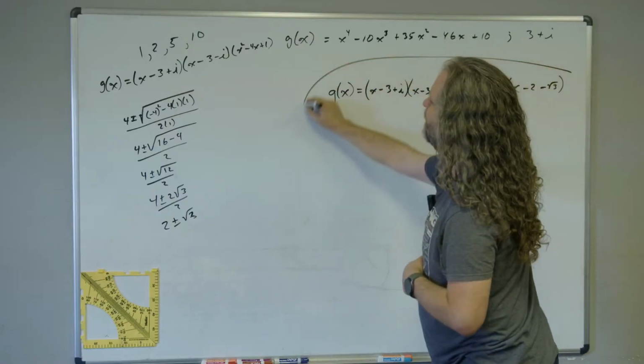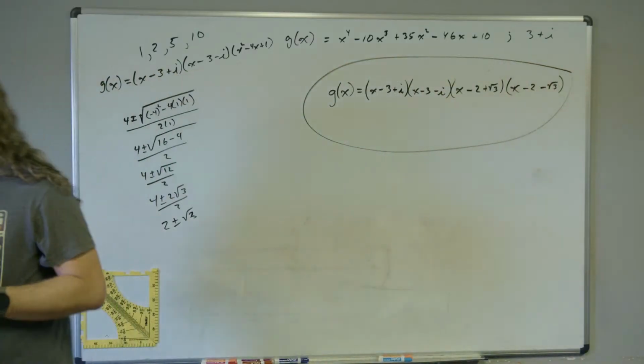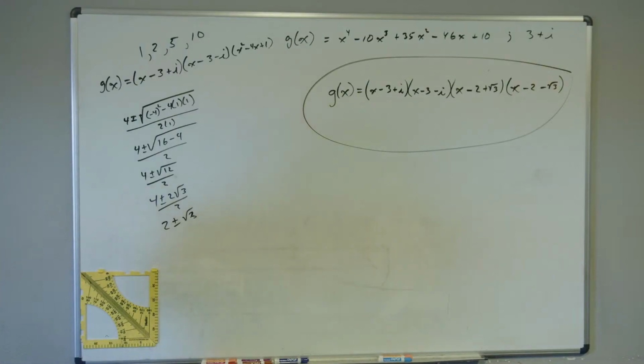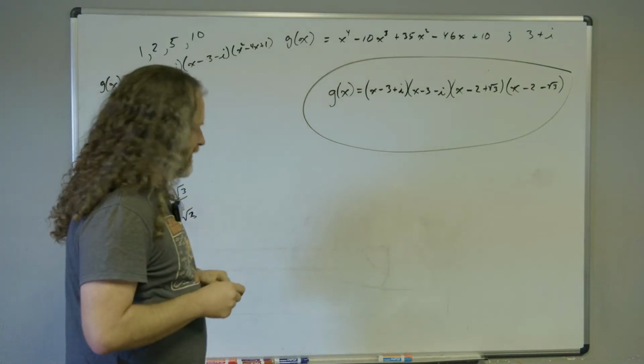Wait, is it minus? It's minus, because it's a positive 2. So we have to subtract it from the x. Isn't it beautiful? No. That's so ugly.